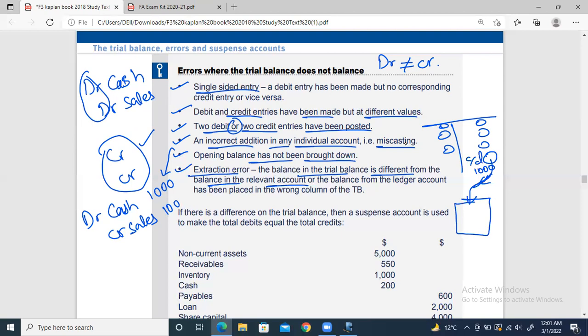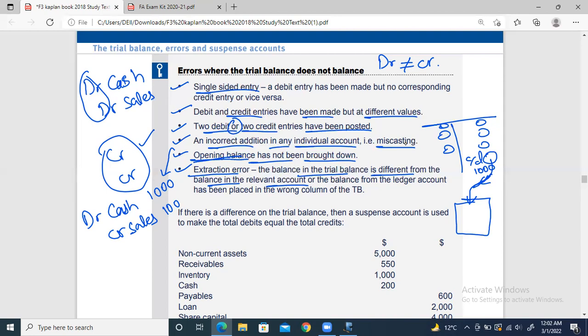So this is called extraction error. One side has the closing balance, which is going to come in as the opening balance, and we make a mistake. Yes, exactly. So this also happens during the extraction, and these two points are very similar. If we have not written an opening balance, then this can also happen.